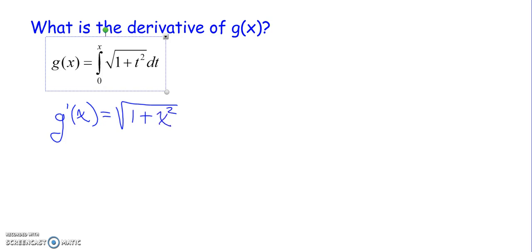The derivative of g of x, like I said, requires little to no work if you know the fundamental theorem of calculus. What the fundamental theorem of calculus really states is that the derivative of an integral from 0 to x is just the function after the integral.